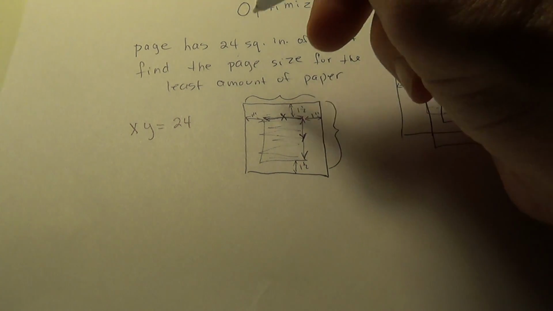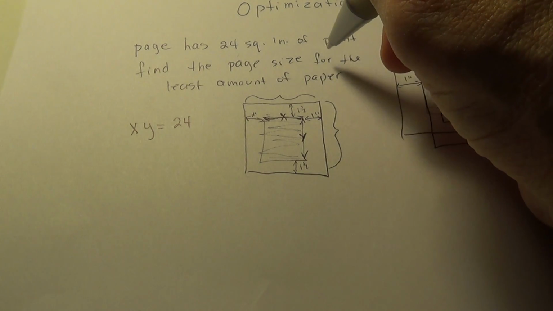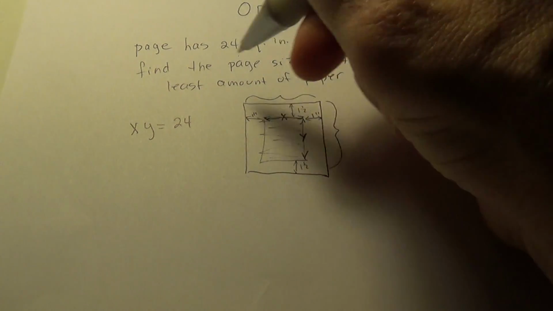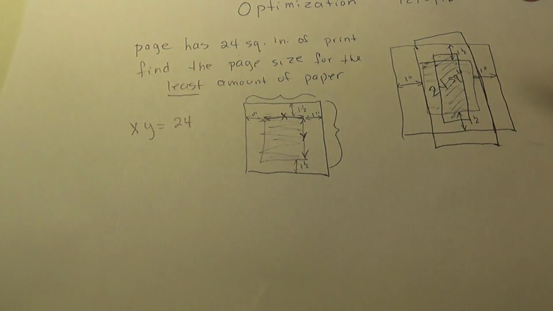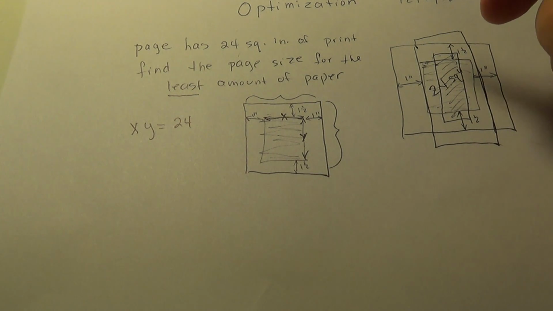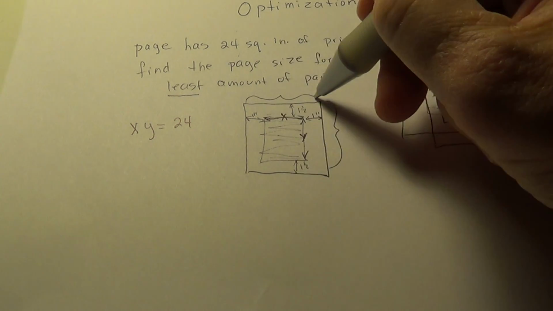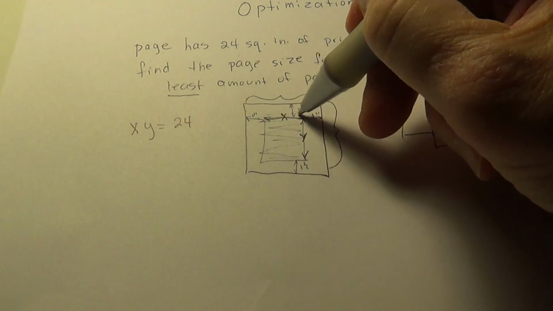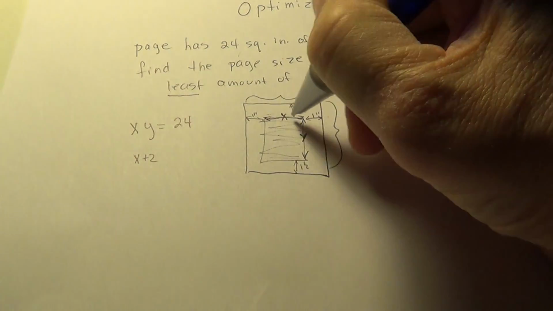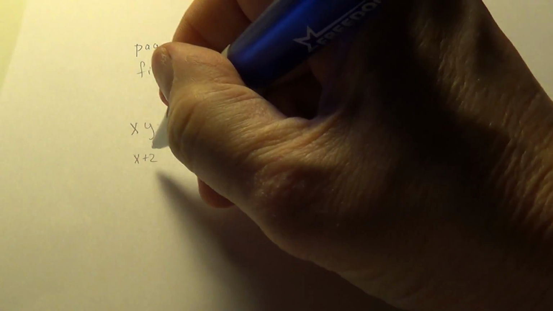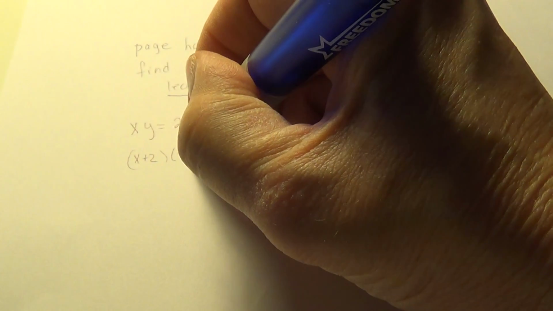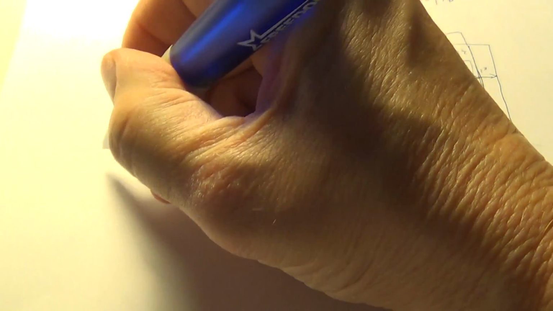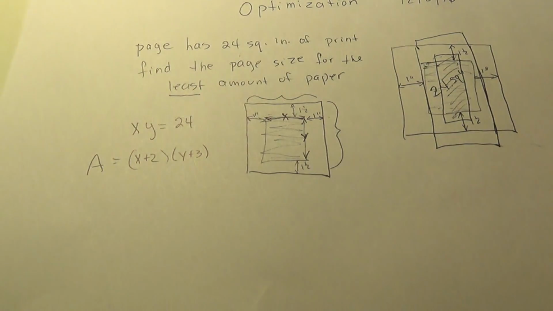But the statement that is most important is what I'm going to try to minimize. I see the words least amount of paper. So what I'm trying to minimize is these outer dimensions. That would be X plus 2, I'm adding the margins to the X direction, times Y plus 3, and that will be the area of my entire page.